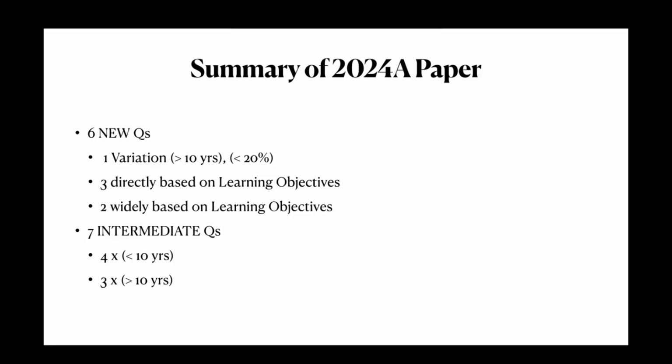Now, there were 7 intermediate questions. Interestingly enough, there were only 4 within the last 10 years, and 3 of them were over 10 years ago. I think that is instructive of the process of time, and it does increase the level of difficulty for the trainees that sit in the future, because not only are you seeing an increased depth of knowledge, there's also that breadth that is the expectation for you to cover.